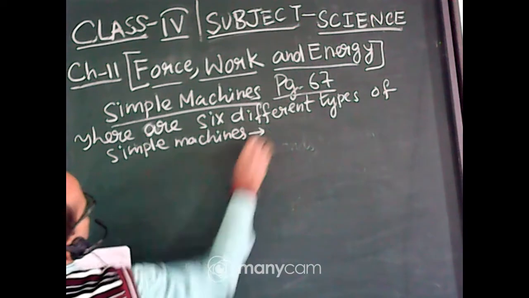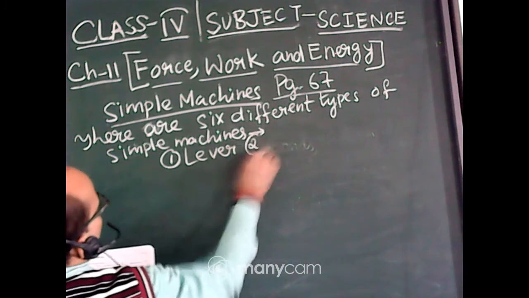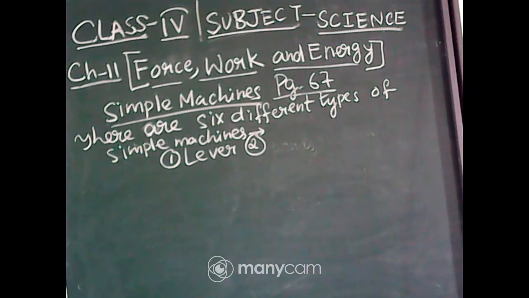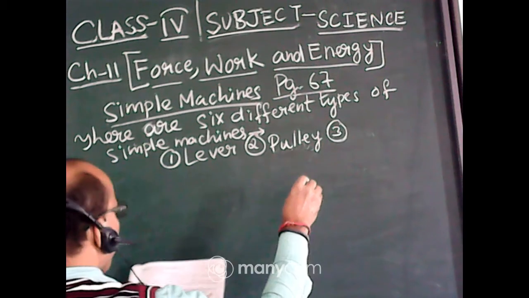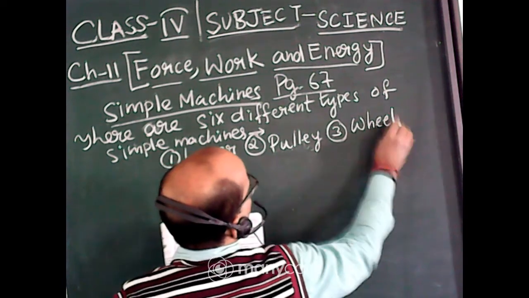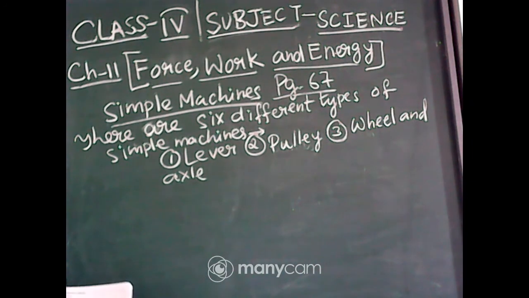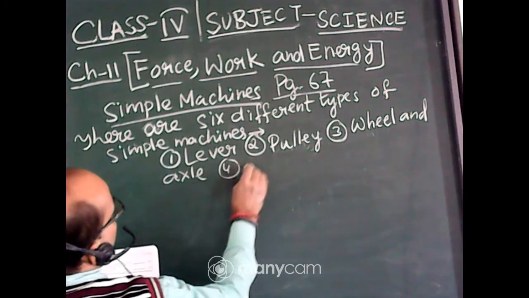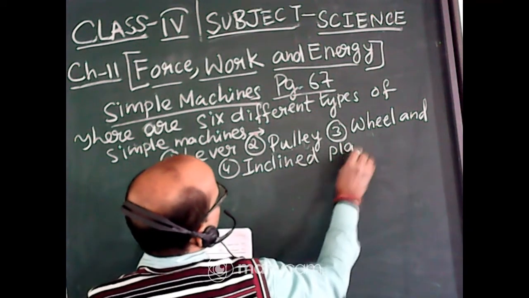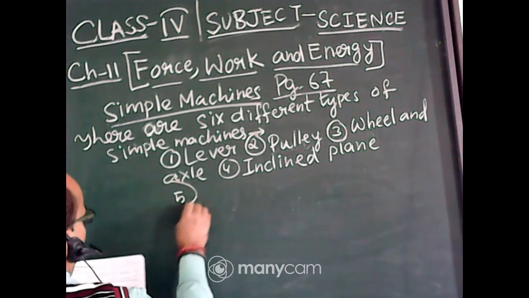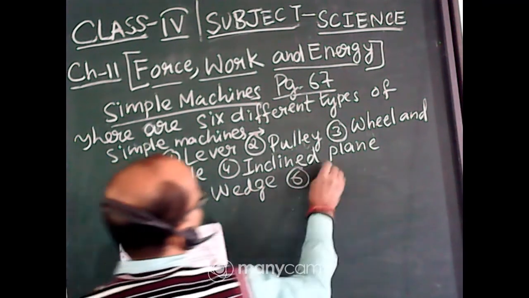Okay, number 1 is lever, number 2 is pulley, number 3 is wheel and axle, number 4 is inclined plane, number 5 is wedge, and number 6 is screw.